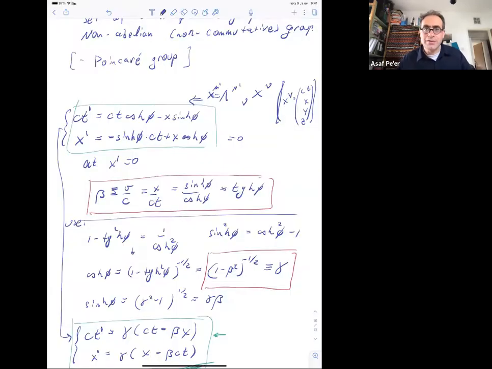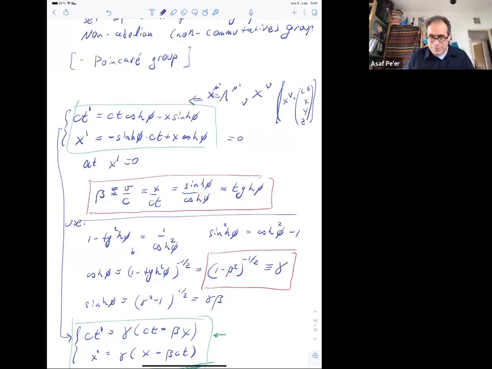Do not, under any circumstances, mix coordinates. Decide which frame you're working in, and work in that frame. Otherwise it's becoming completely meaningless.